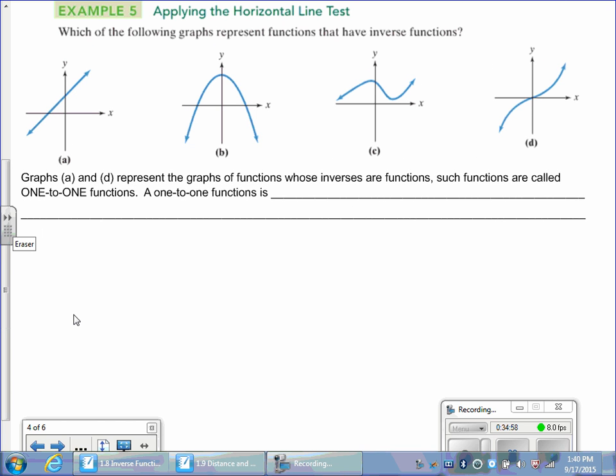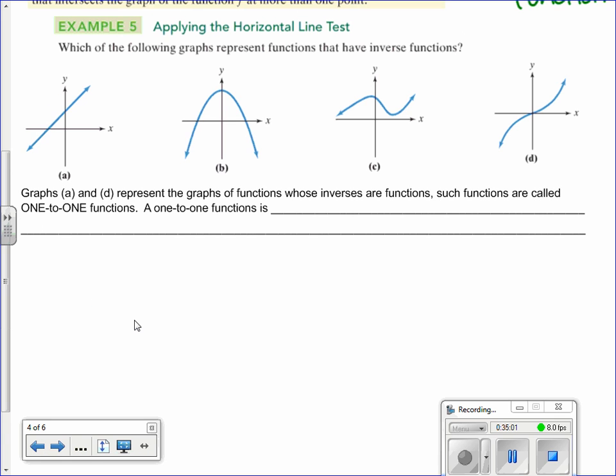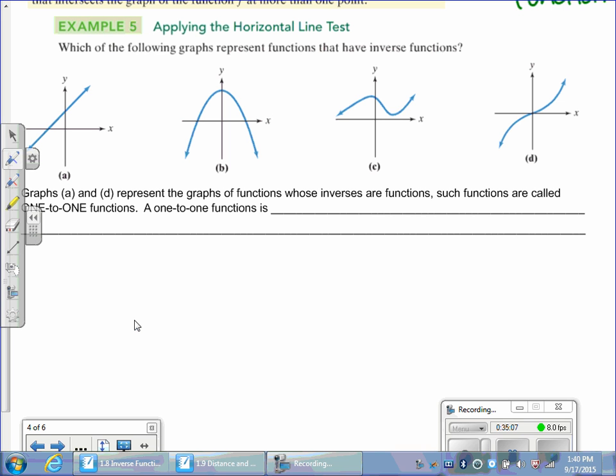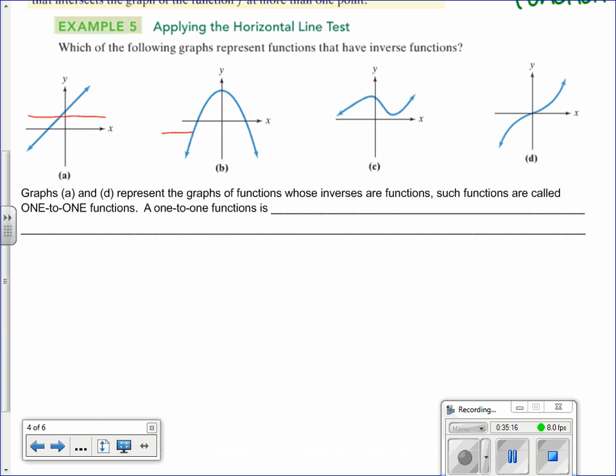And you're not going to like that. Okay, so which functions are one-to-one functions? Only A and D. That's it. Those are the only one-to-one functions.